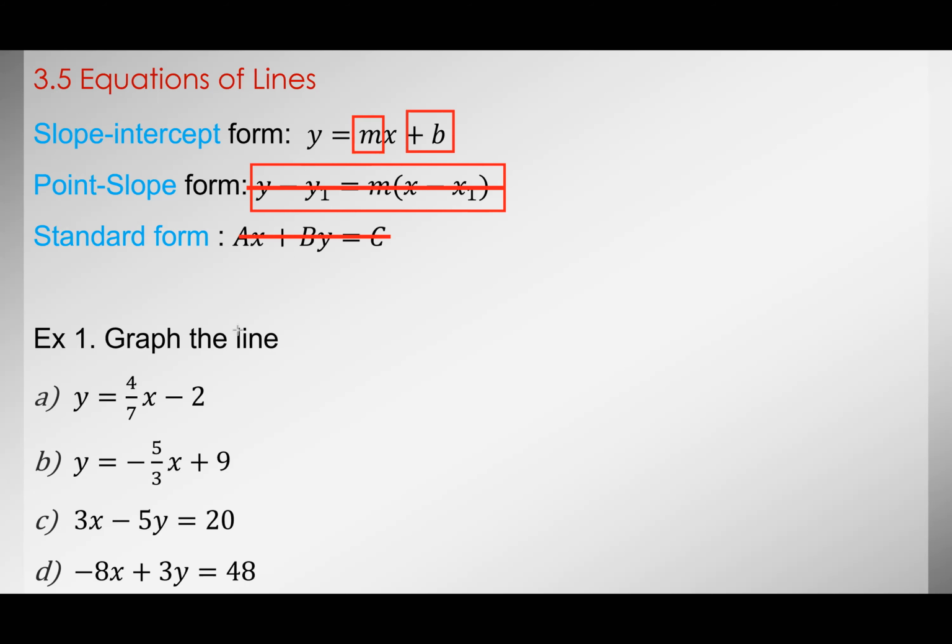If you look at example 1, they ask you to graph this line here.